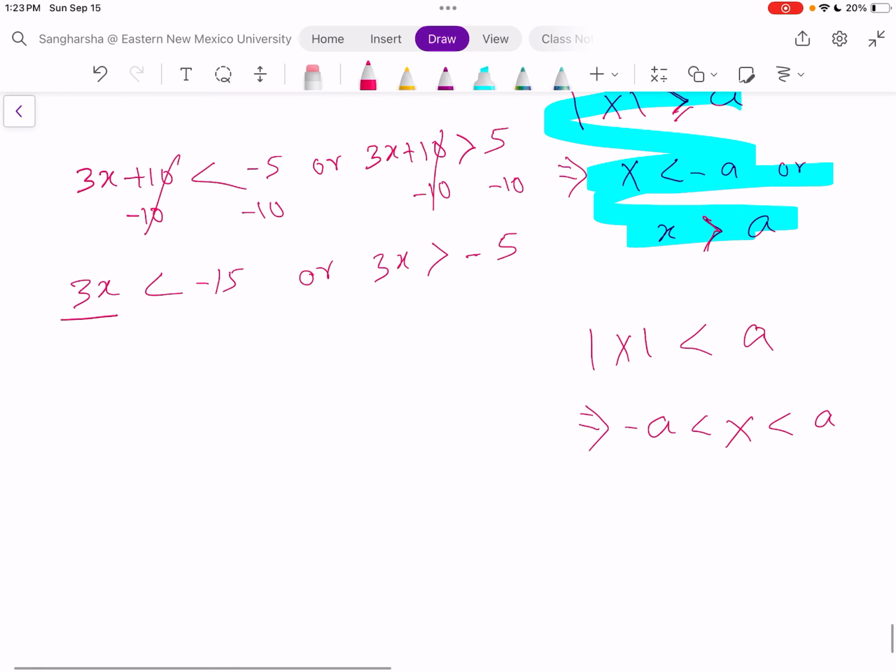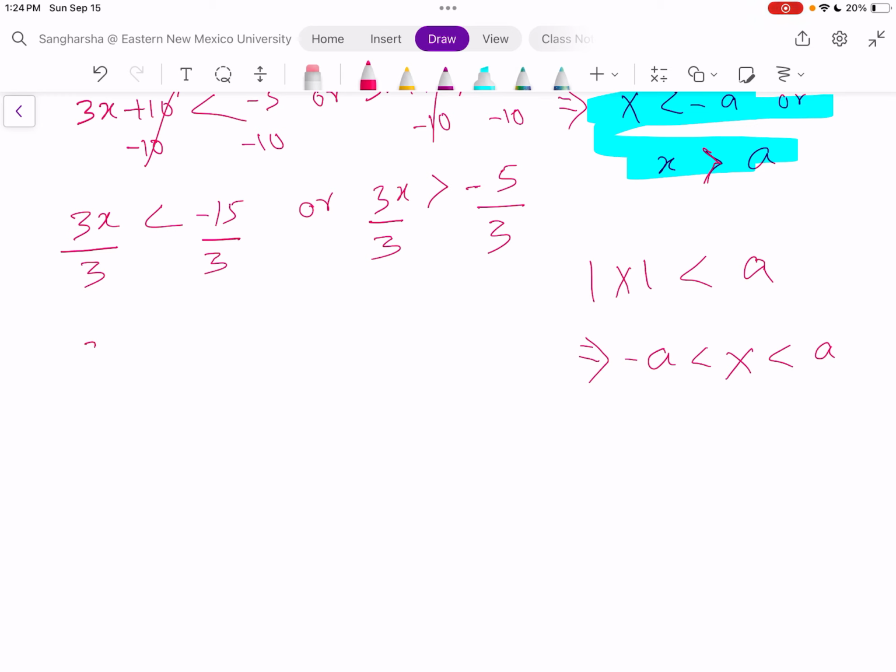Now you divide by 3. We are using positive 3, so the inequality sign remains the same. x less than negative 5, or x greater than negative 5 over 3.